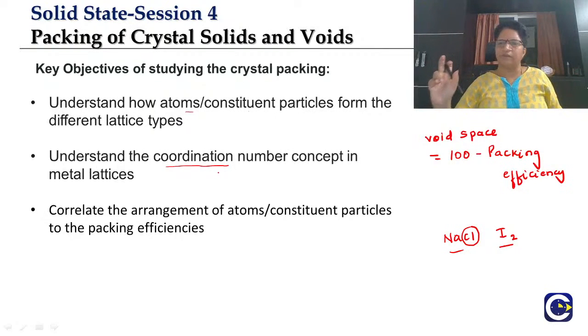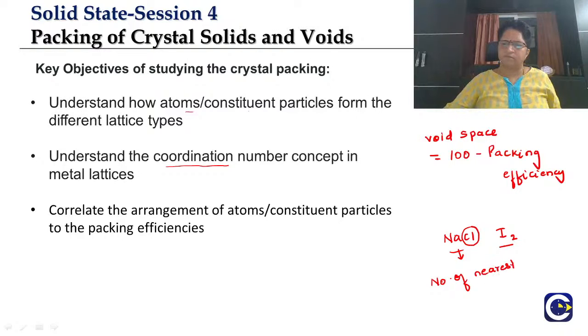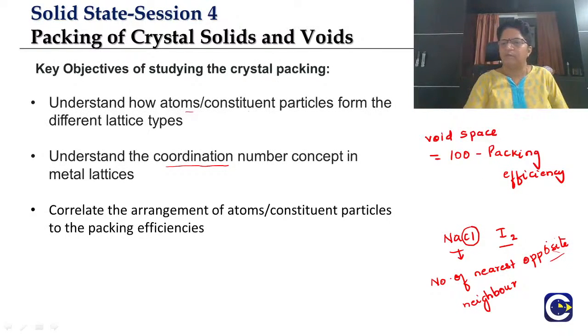Whenever we are talking about an ionic compound, the coordination number is the number of nearest opposite neighbors. And for molecules or elements, we don't use this word opposite. We'll only say the number of nearest neighbors, the coordination number.